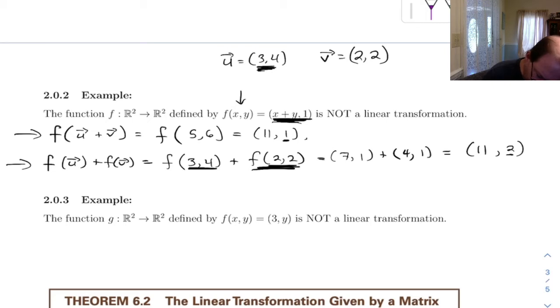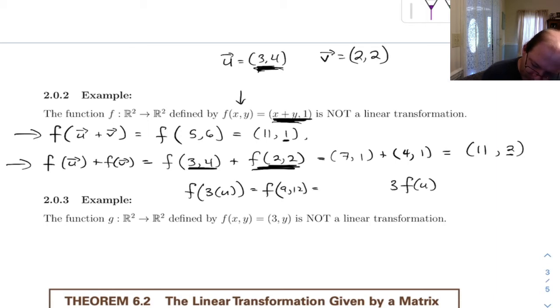It also fails if you looked at the multiplication part. If we took f of 3 times u, let's compare that to 3 times f of u. F of 3u is going to be f of (9, 12). And what is that? That's going to be (21, 1).